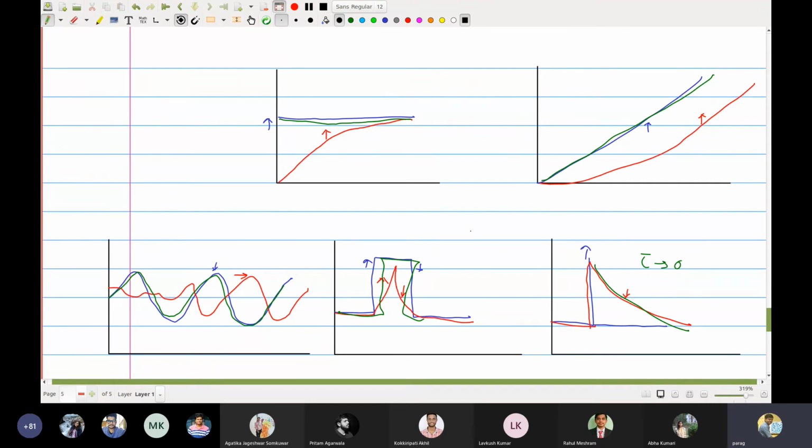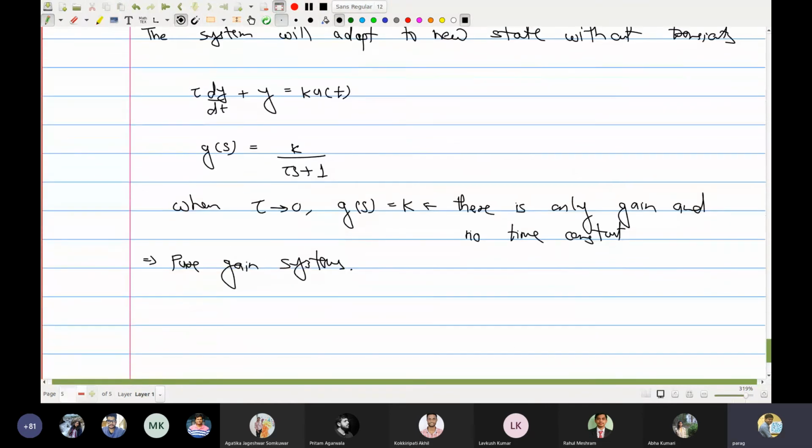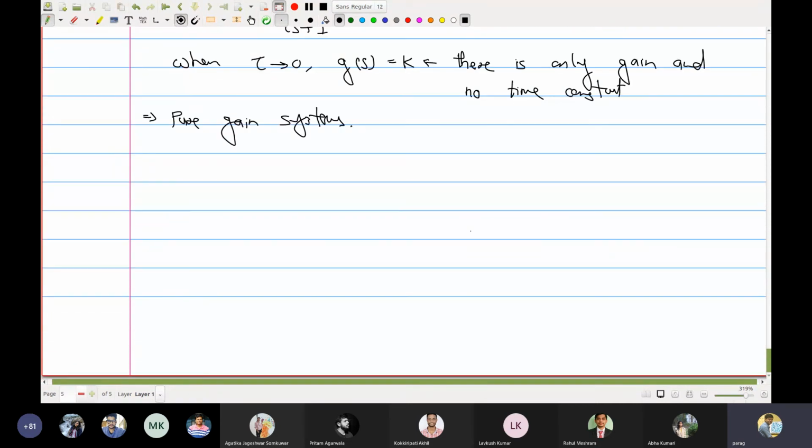But what makes the entire analysis really very interesting is a case where tau is not equal to 0. So let us consider this case. I have a1 dy by dt plus a0 y equal to b times u of t.